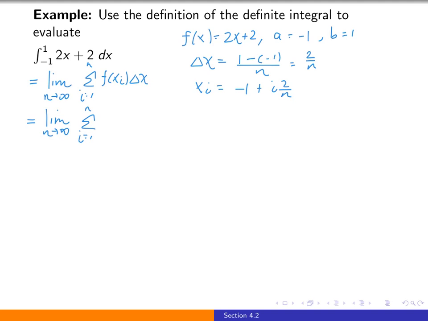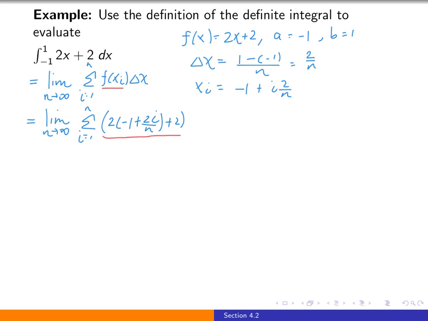So for f of x sub i, I need to take the x sub i and plug it in for each x. So this would be a left parenthesis to get started, so 2 times my x sub i, minus 1 plus 2i over n, plus 2. So this quantity that we've written down is precisely the f of x sub i.